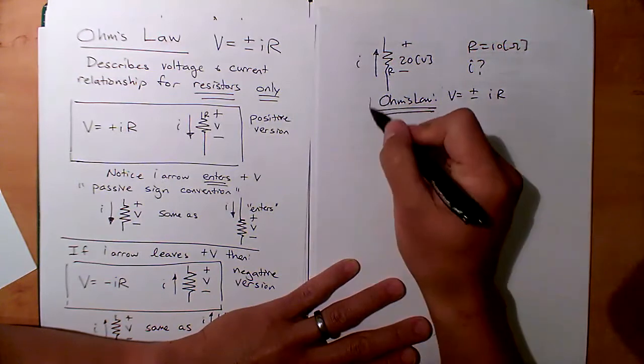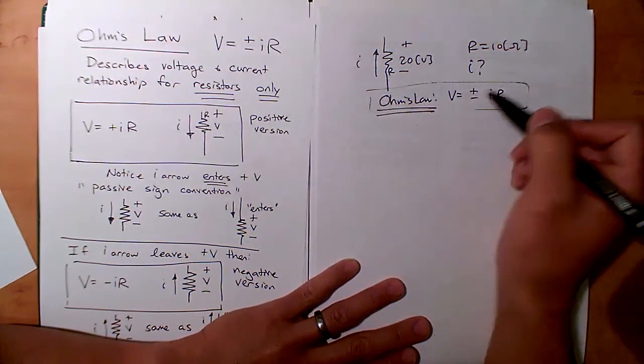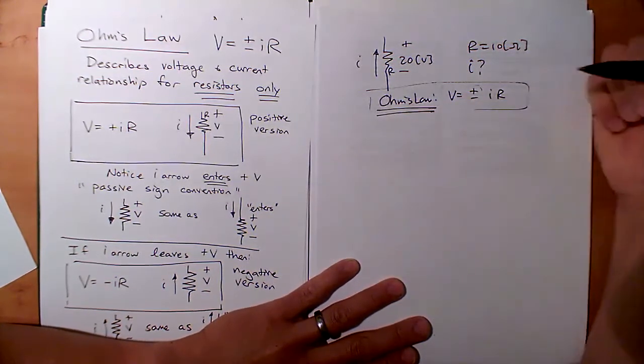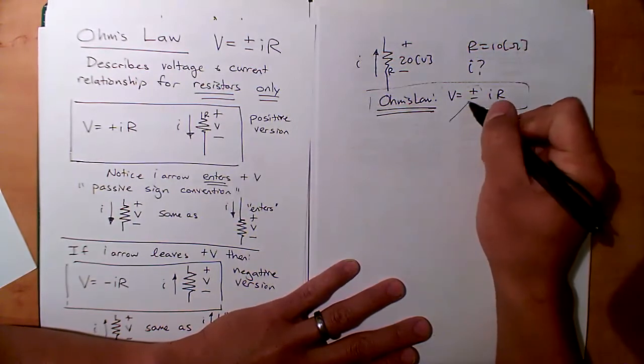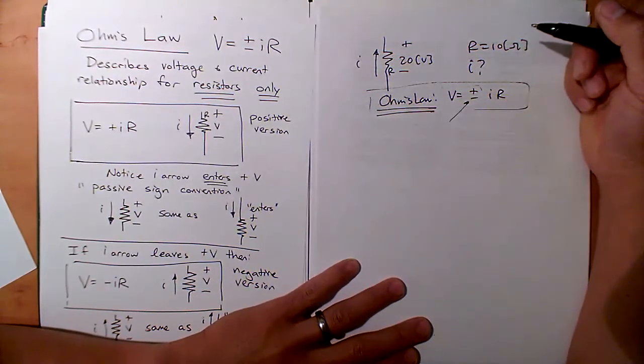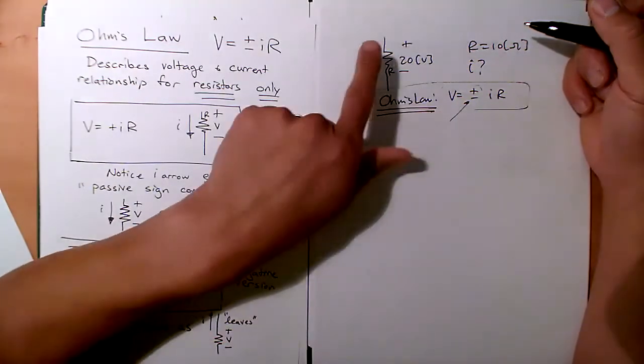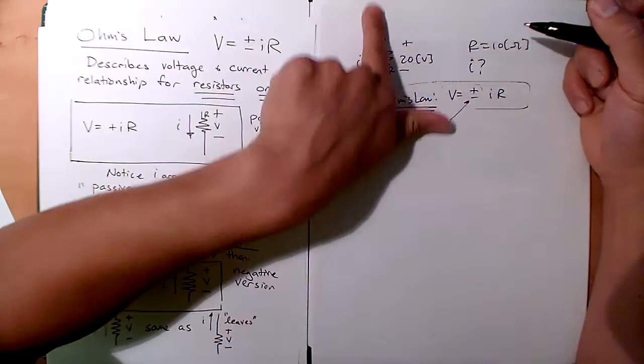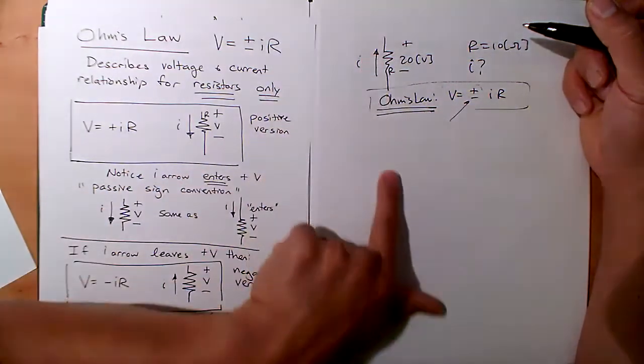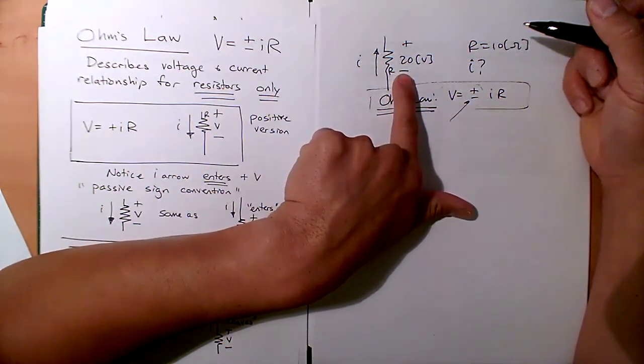Now that you've written that out, because you know you're going to be applying Ohm's law, now you can decide if you're going to use the plus or minus version. I look at this current and I look at this polarity and I go, well, it looks like this current is hitting the negative terminal first.